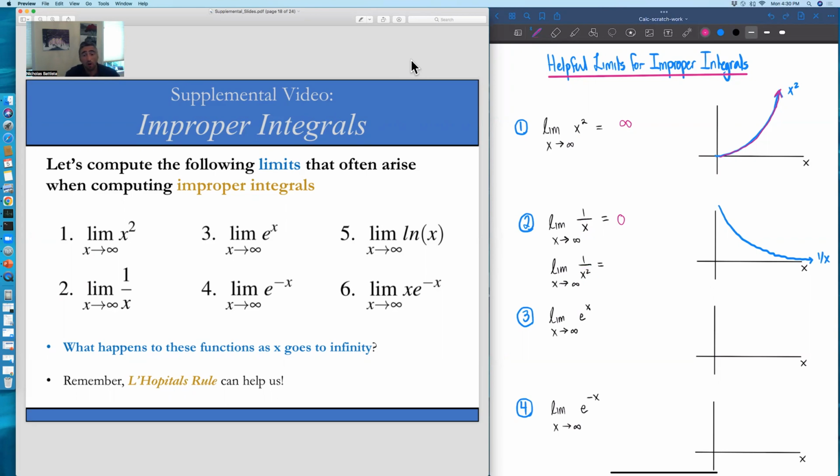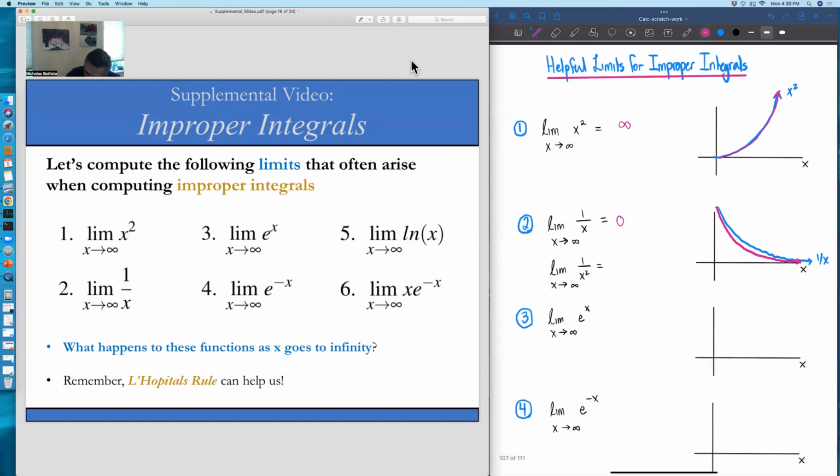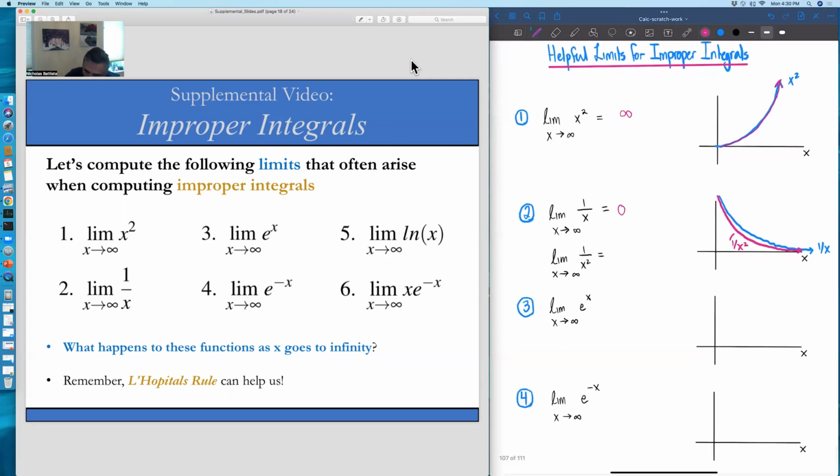So the overall fraction in 1 over x squared is going to be a lot smaller than the fraction 1 over x. If we plot 1 over x squared, it looks something like the following, where there's also a horizontal asymptote at 0. 1 over x squared is going to be smaller than 1 over x. Either way, both of these limits equal 0.